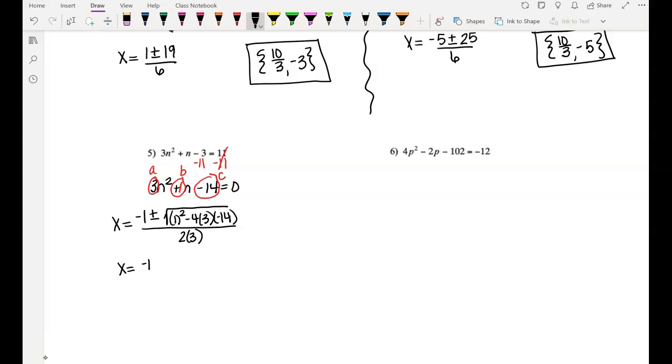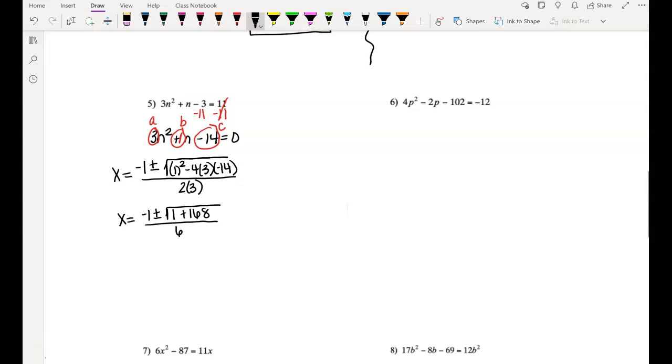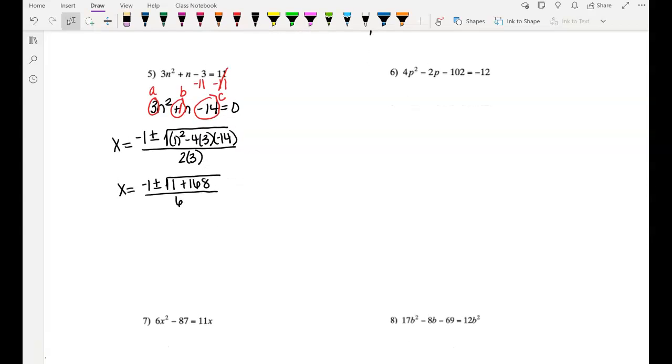So x equals negative 1 plus or minus the square root. 1 squared is 1. Negative 4 times 3 is negative 12. Negative 12 times negative 14 is positive 168 divided by 6. So x equals negative 1 plus or minus the square root of 169 divided by 6.